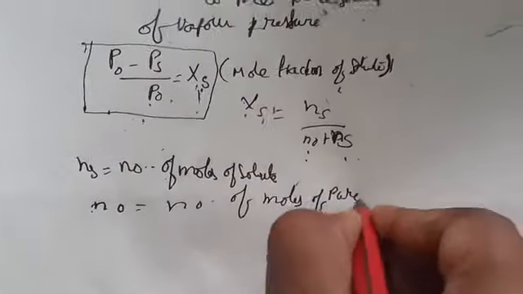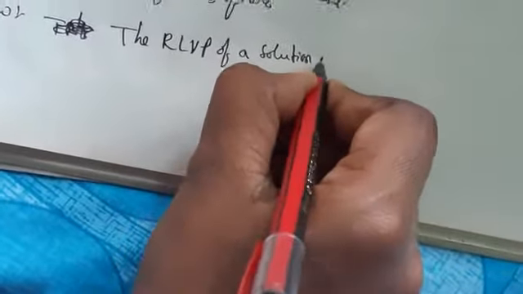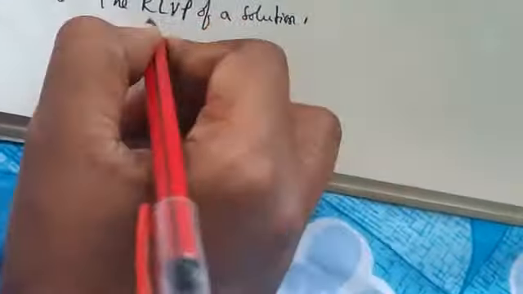What he told is that Raoult's law says the relative lowering of vapor pressure of a solution of non-volatile solute is equal to the mole fraction of solute in the solution.